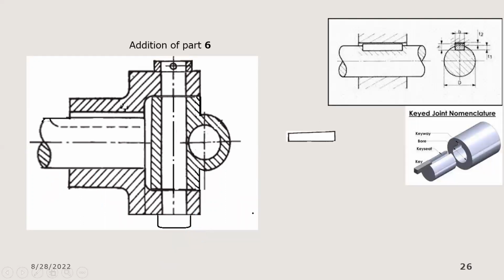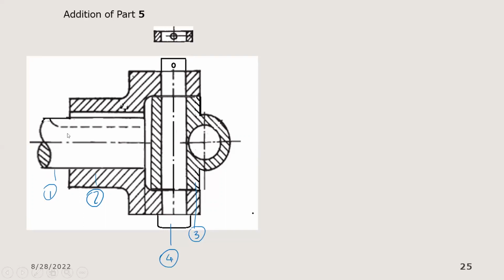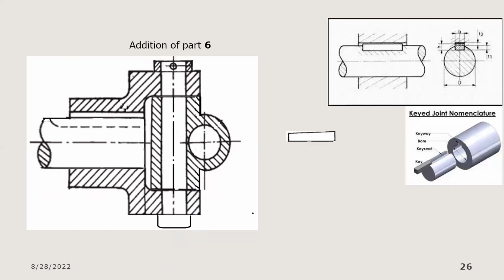Now you notice that in the drawing, this shaft, which is part 1, was not sectioned. Why? If you remember our earlier discussion, anytime you are doing sectioning and there is a shaft in the assembly, you do not cut along the axis of the shaft.